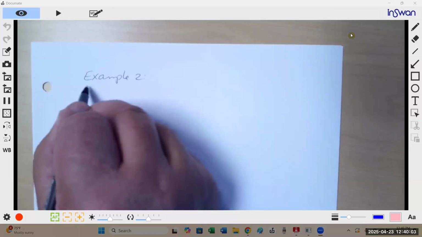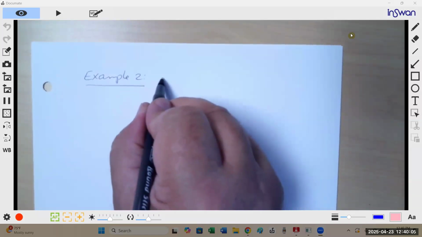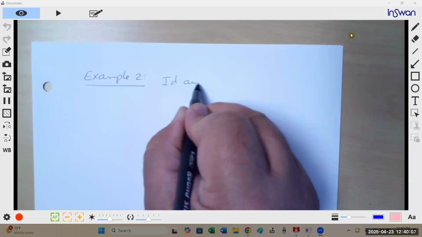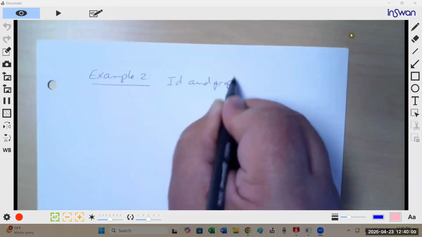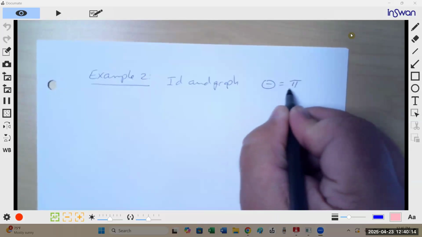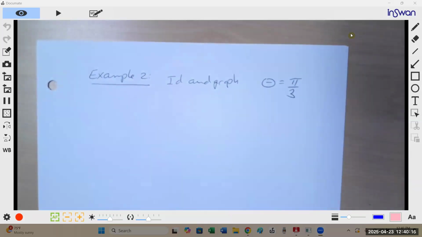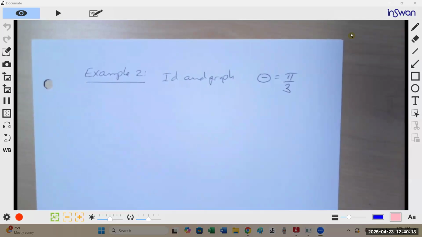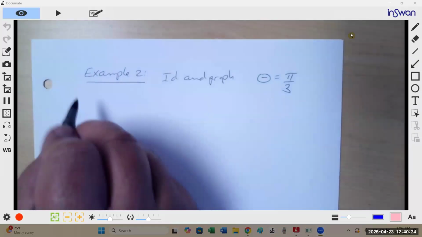Example 2. Identify and graph theta equals pi over 3. Okay, things a little bit different here. Here are the steps for this one.